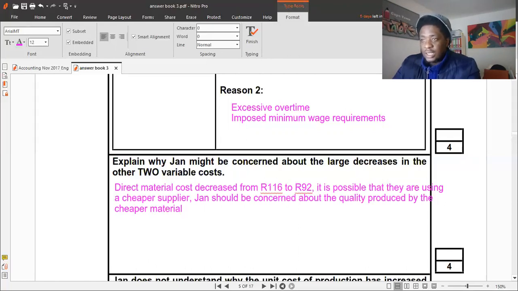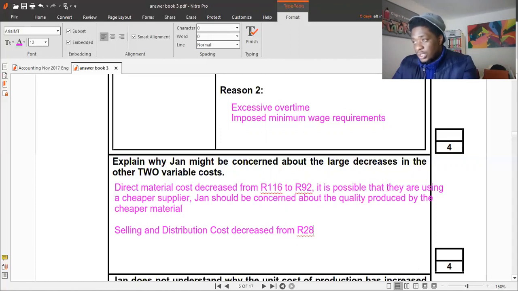And then selling and distribution cost also dropped, decreasing from 28 Rand to 15 Rand.